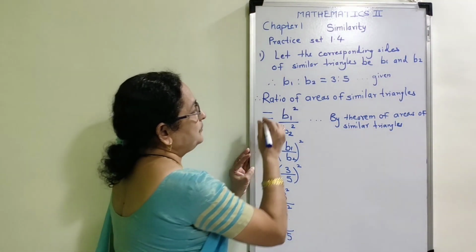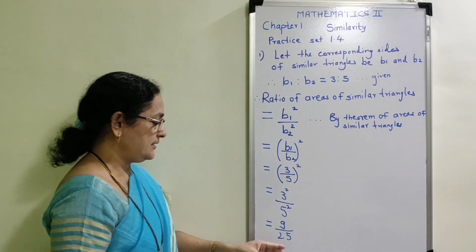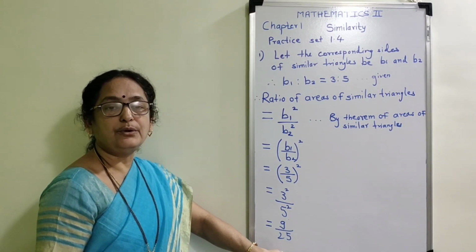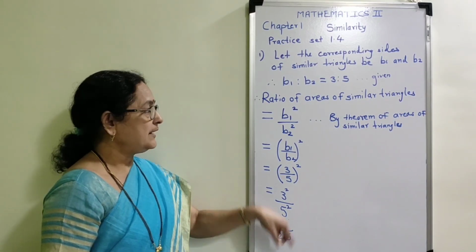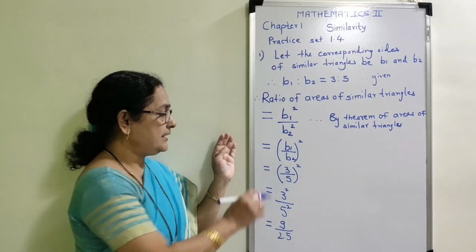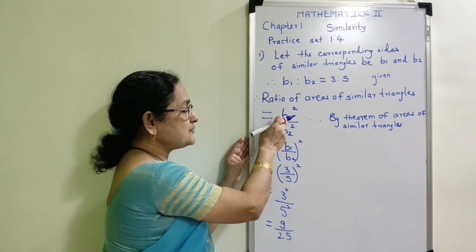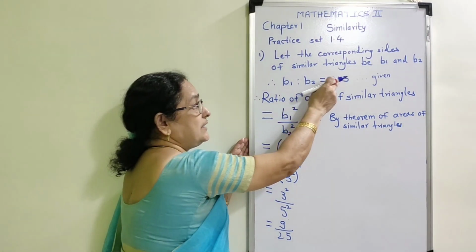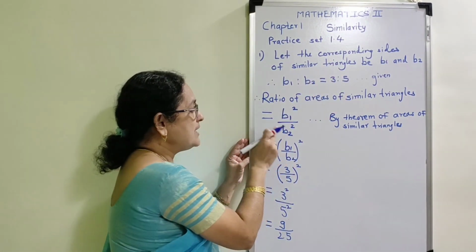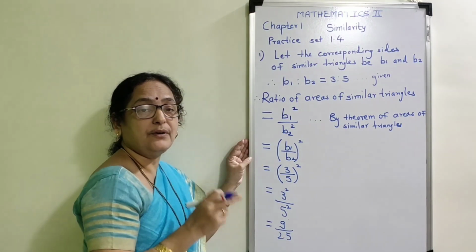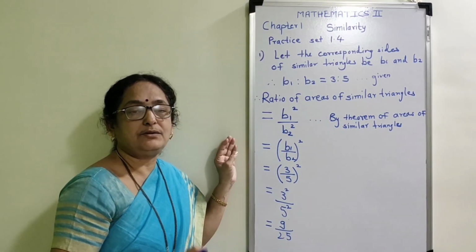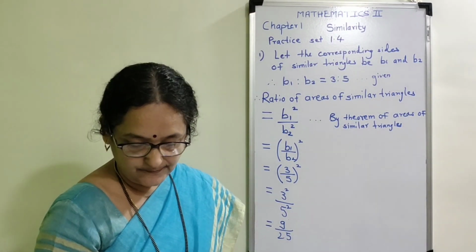And therefore, the ratio of areas of similar triangles is equal to 9:25. The example is very simple, but here this step is most important, that we are not going to substitute directly the values 3:5, since this is the given ratio, not the actual lengths of the sides.